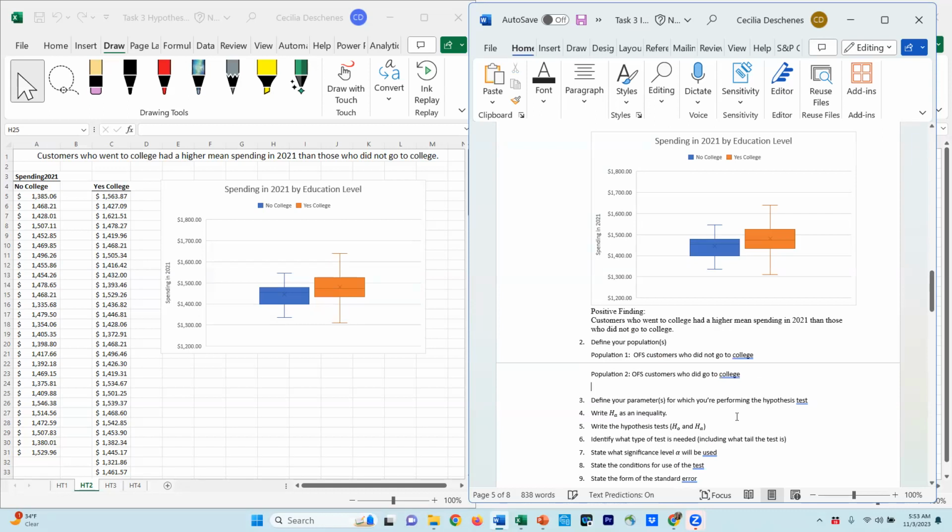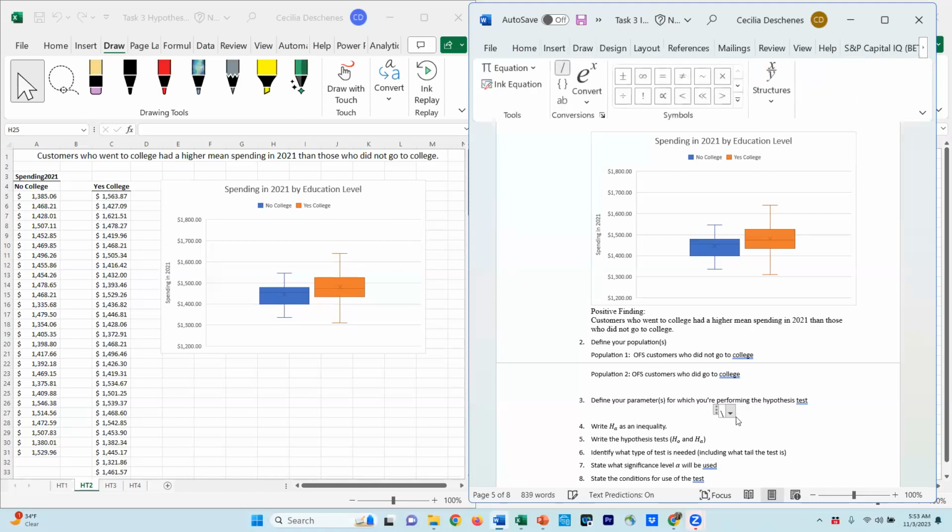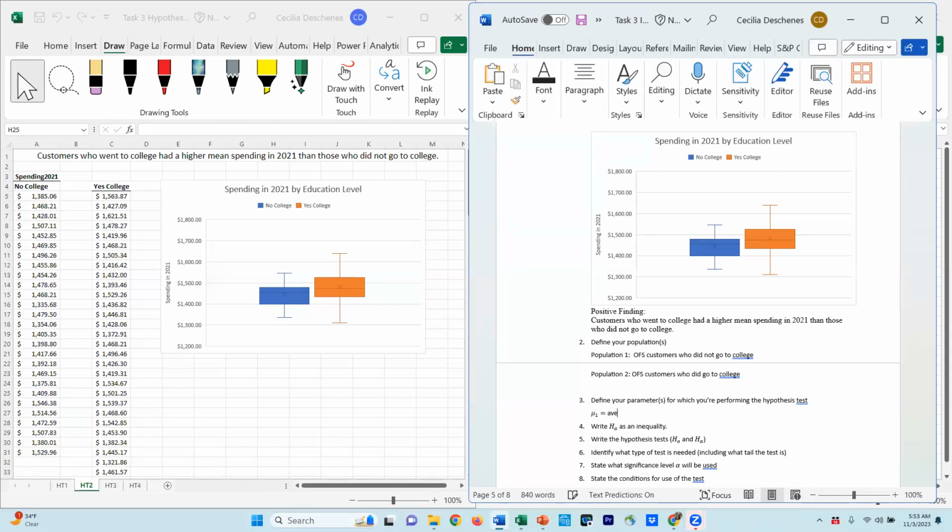Okay. Define your parameters. All right. So in this case, because we are talking about the average spending, we are going to be referring to mu. So we're going to say mu sub 1 is going to equal the average spending in 2021 of population 1.